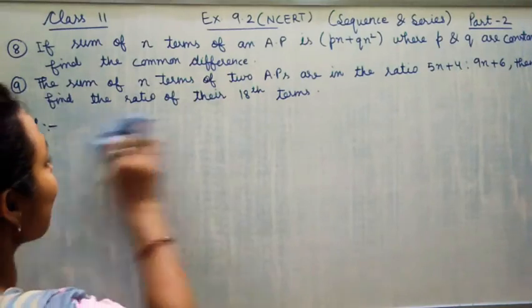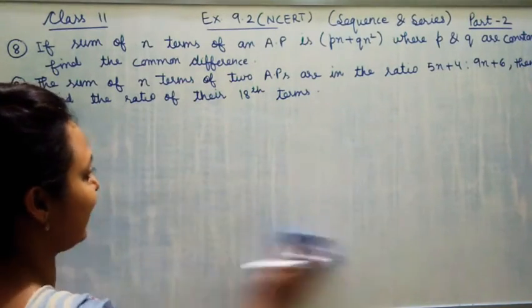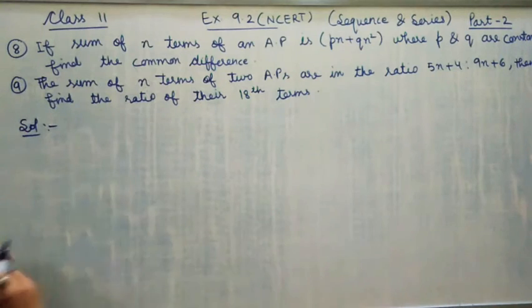First of all, I will take two different sets, A and D, and capital A and capital D, because there are two different APs.